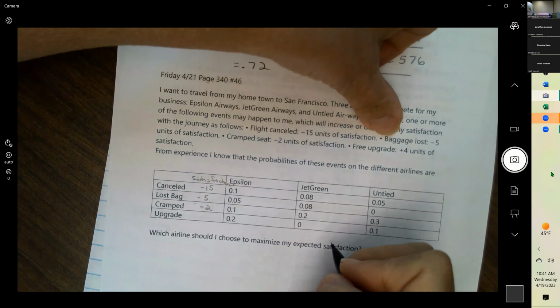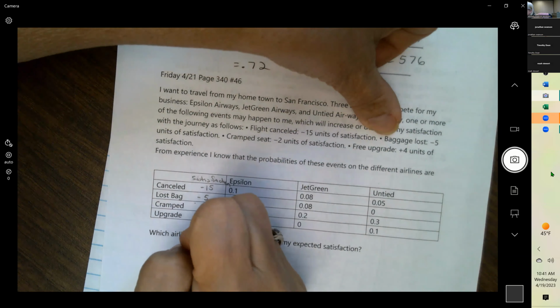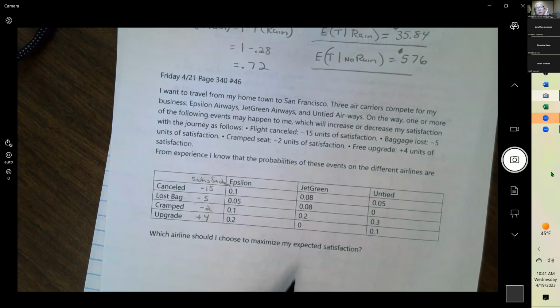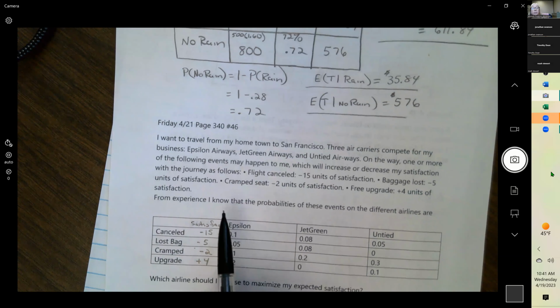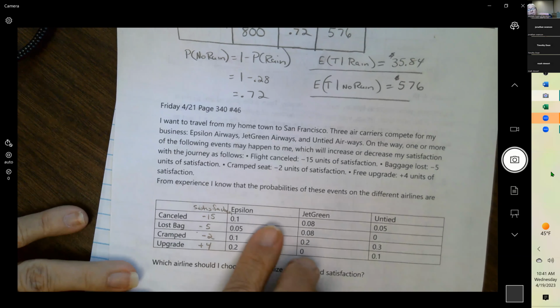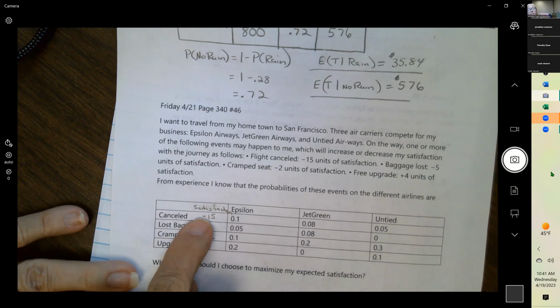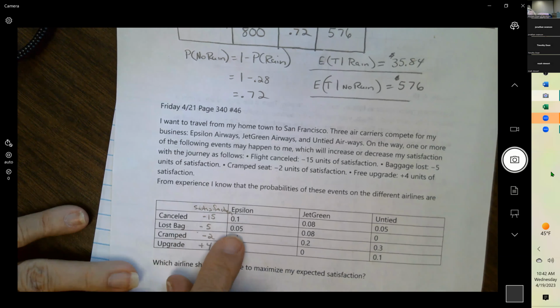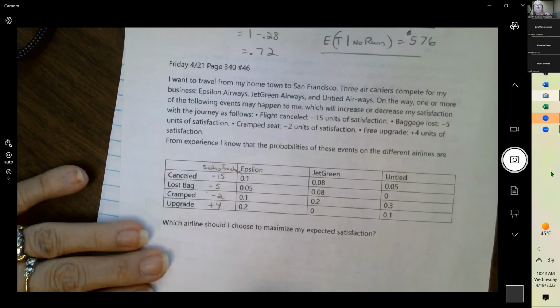And a free upgrade of +4. So those are their units or their values. And this is the probability, and you do each plane separate. So for Epsilon, we do -15 times 0.1 plus a -5 times this one, plus -2 times this one, and 4 times this. Add them up, and that's the expected value of it.